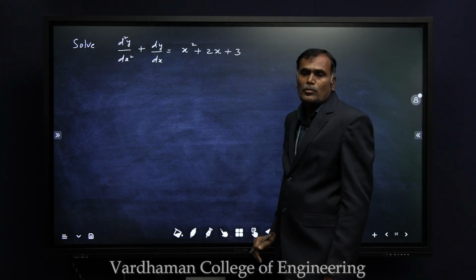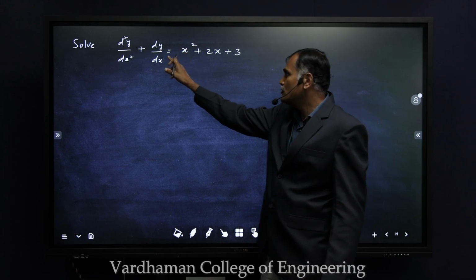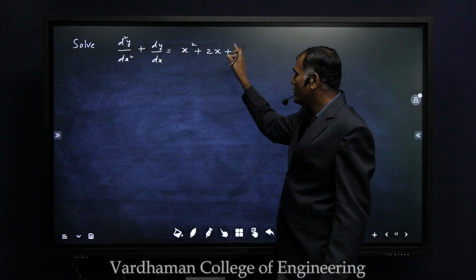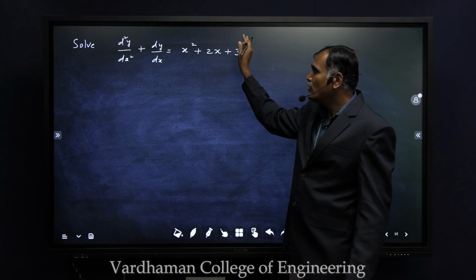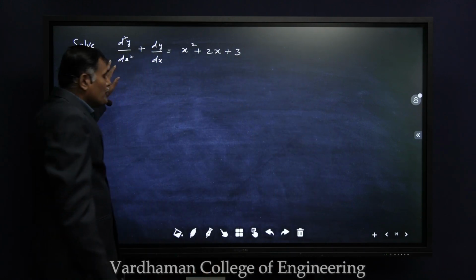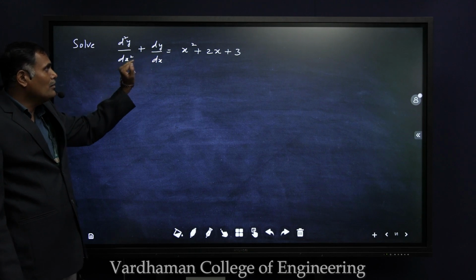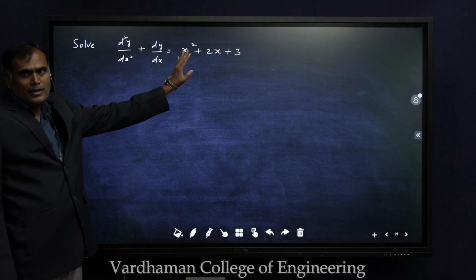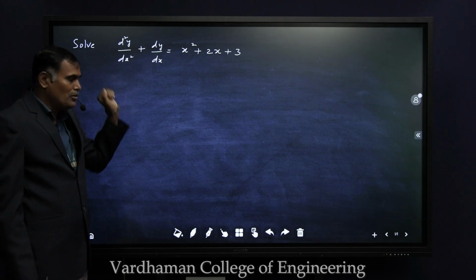Now this is the given problem. Clearly it is a linear differential equation with constant coefficients and q of x is a polynomial in x. To find the general solution of this problem, first we need to find the complementary function by considering the right hand part as 0.